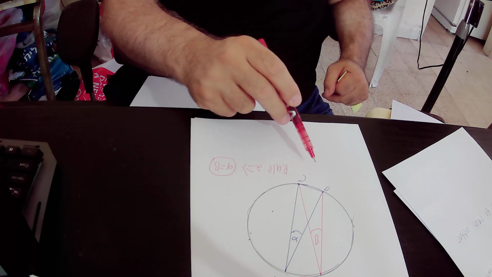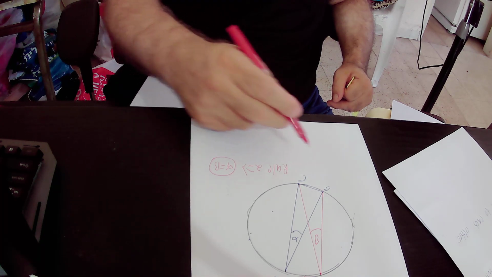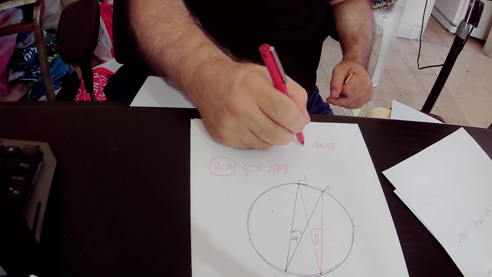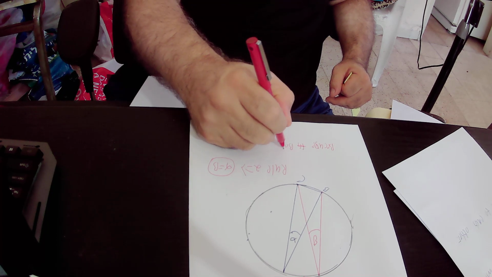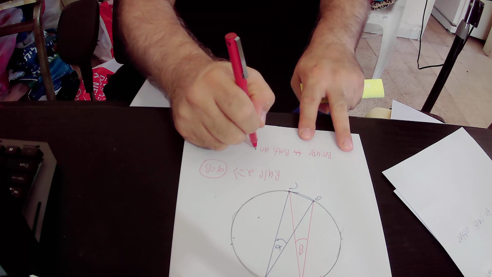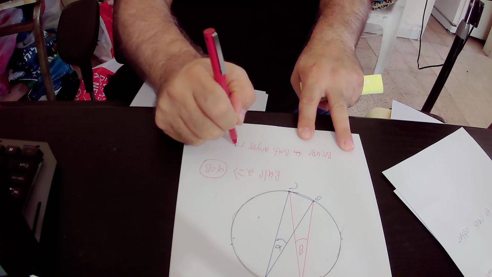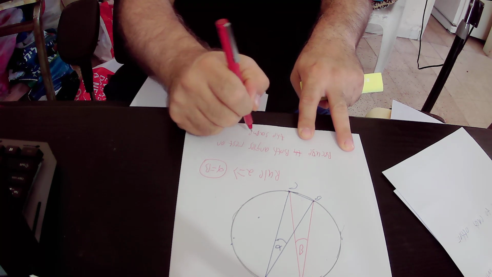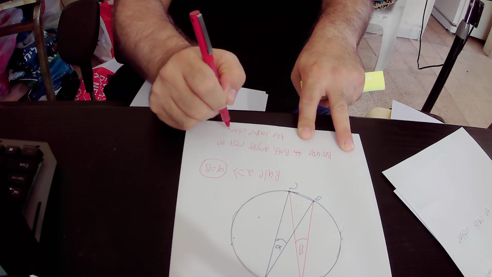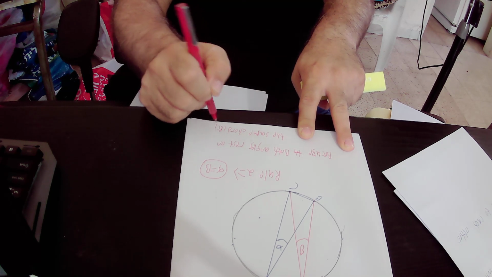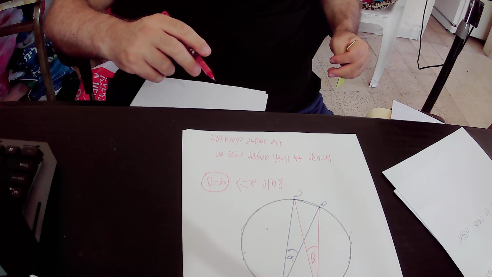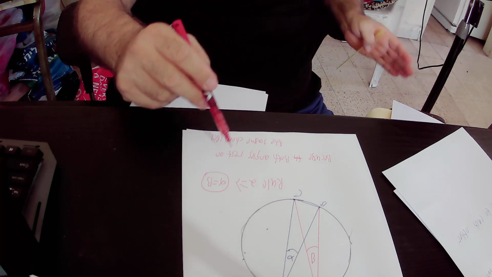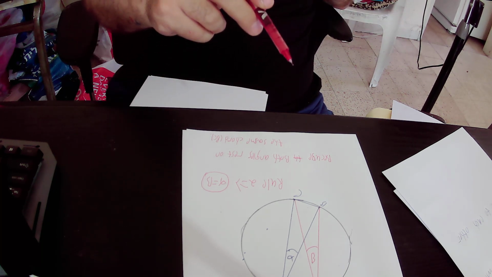Because both angles alpha and beta rest on the same chord, that is to say on chord BC, according to rule number 2, they are equal to each other, that is to say angle alpha equals angle beta.